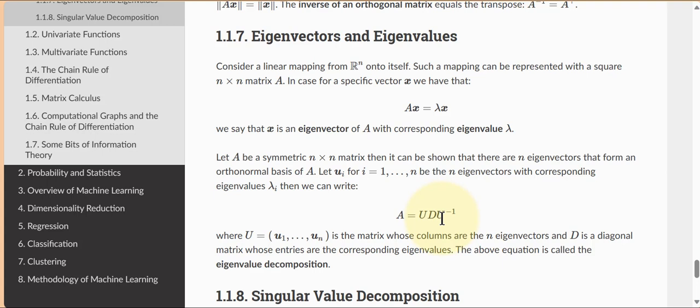Let's take the simplest case, the number 12. We can factor it into 6 times 2, or into 3 times 4. Why do we care about that? Well, it certainly helps us when we're doing algebra and things like that. It's useful.